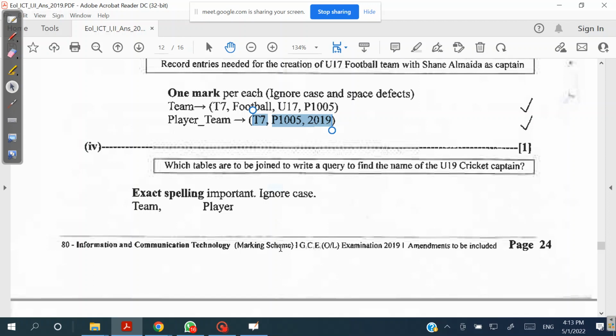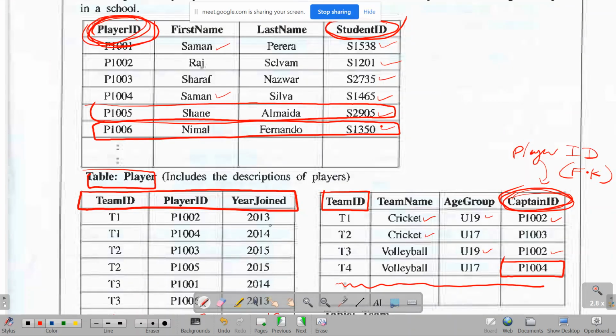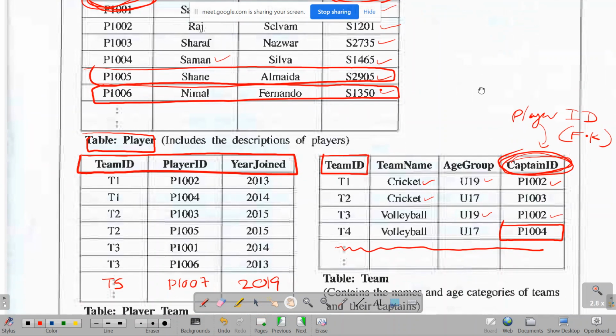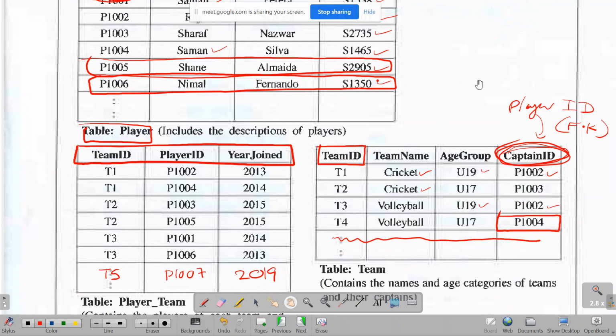And in the last one, they are asking which tables are to be joined to write a query to find the name of the under 19 cricket captain. So how are we going to find it? First we see where the under 19s are. So we can see 2 under 19s, here and here.